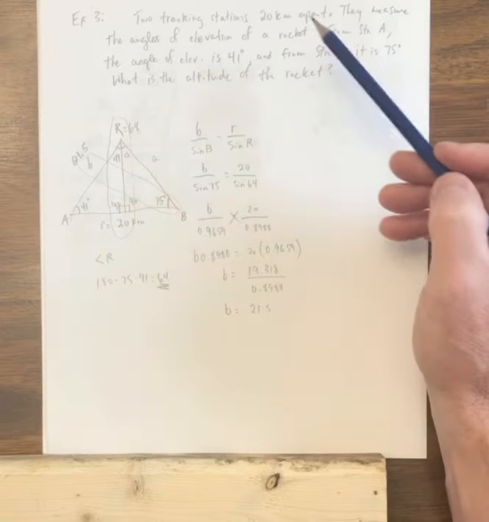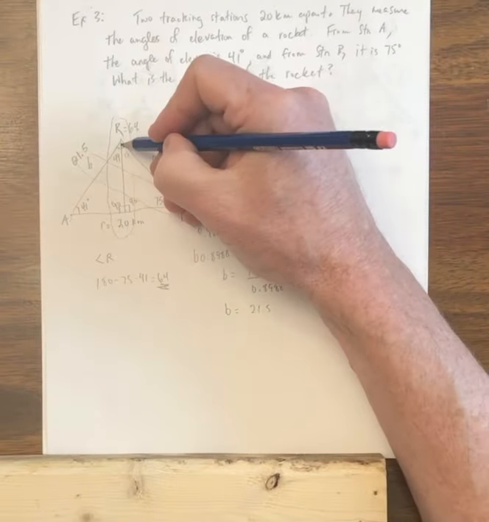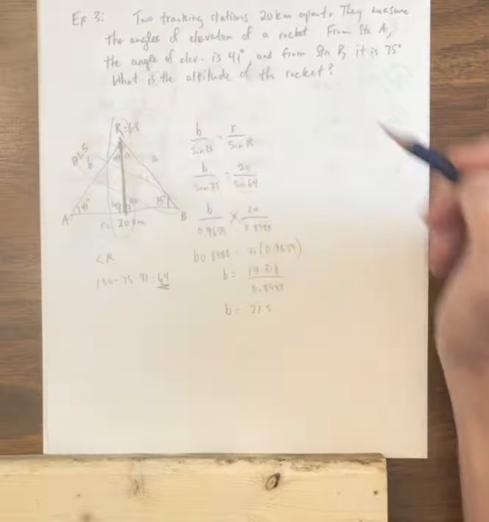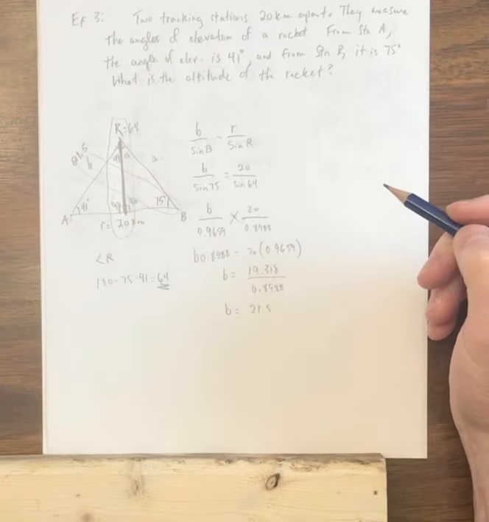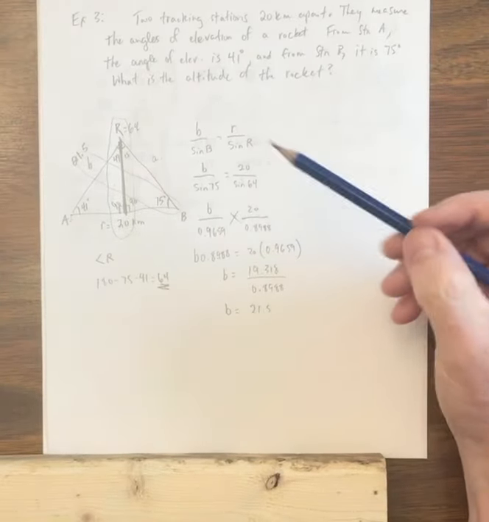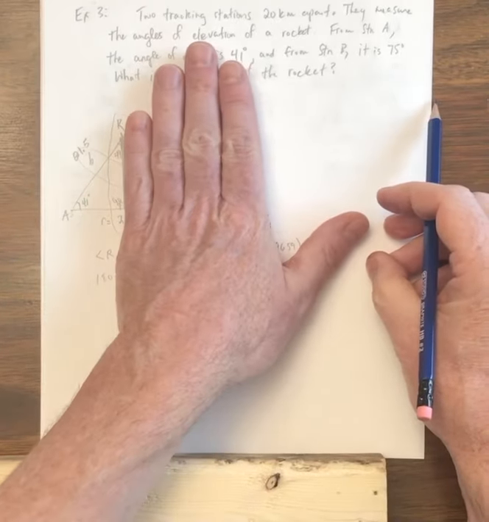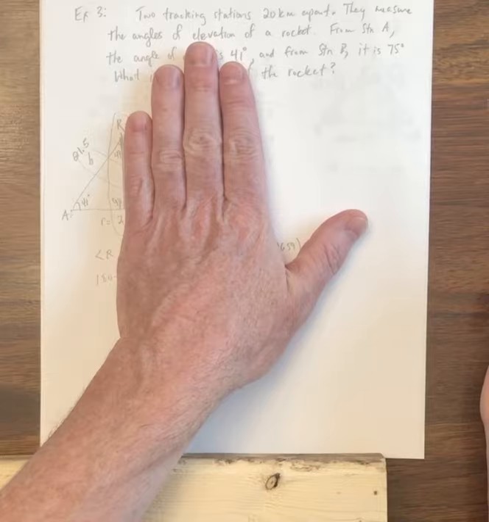But ultimately, when we read back over a question, we need to find out how high the rocket is, what the altitude is. And now what we're going to do is turn to our trigonometry from last unit, and look at this right angle triangle here.